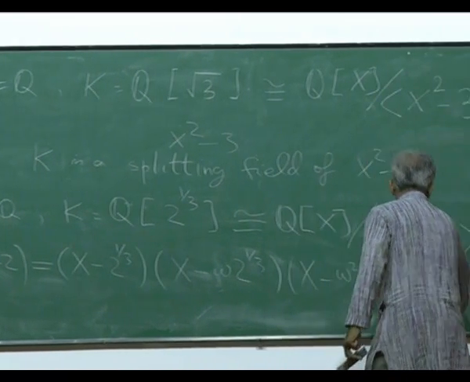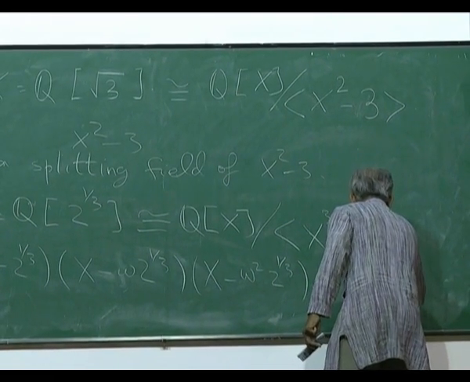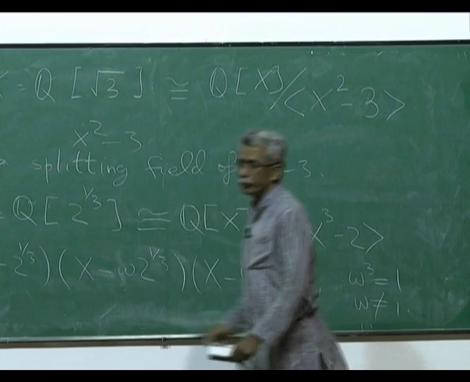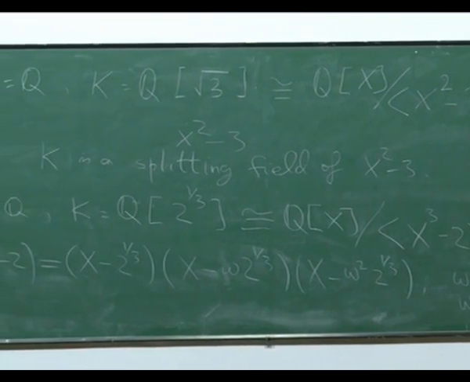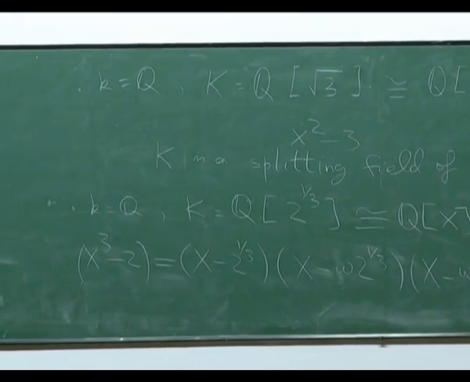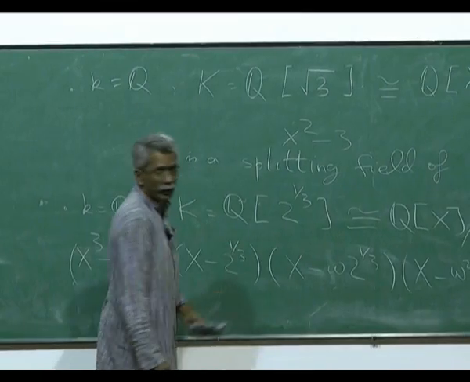What is omega? Omega is the cubed root of unity. Omega is primitive. Okay. Now, all right, what is the point of this factorization?